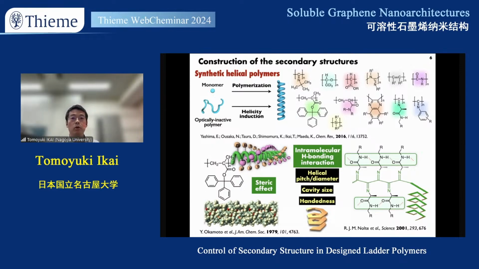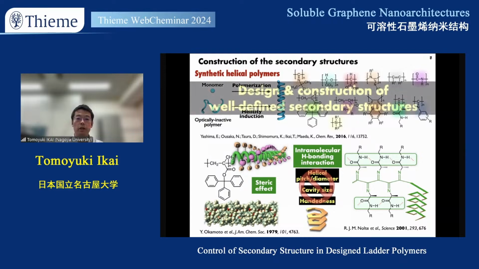It's even more challenging to control structural details such as the helical pitch, diameter, cavity size, and helical handedness. So we can say that the design of a well-defined secondary structure is still a big challenge in the field of polymer chemistry.